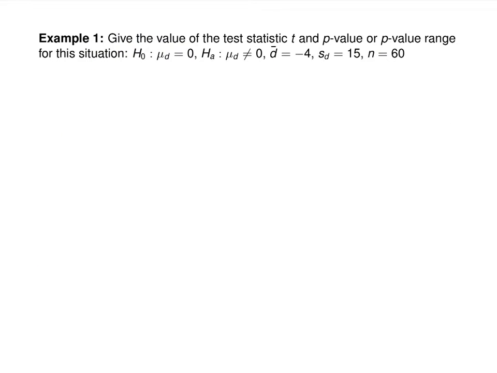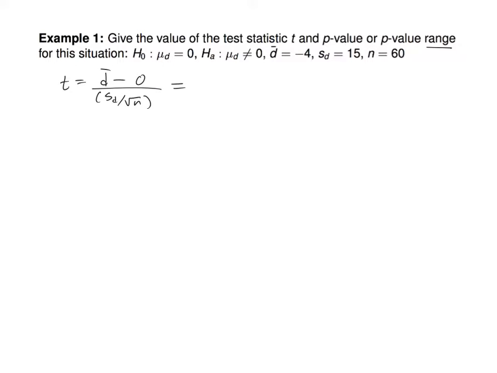All right. So give the value of the test statistic t and the p-value or p-value range for this situation. The range would allow you to say my p is between these two numbers because I can't find it on my table exactly, because this doesn't list them all by far. Okay, so first get the t-value. So t is d bar minus 0 over sd over root n.